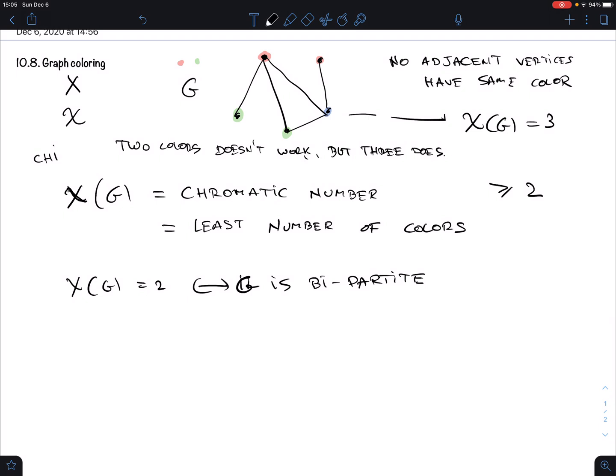So this is considered an intractable problem. It's exponential in the number of vertices, because we basically have to try every possible coloring. We basically do the backtracking method, which means that we have to consider all possibilities. And that, unfortunately, takes way too long.